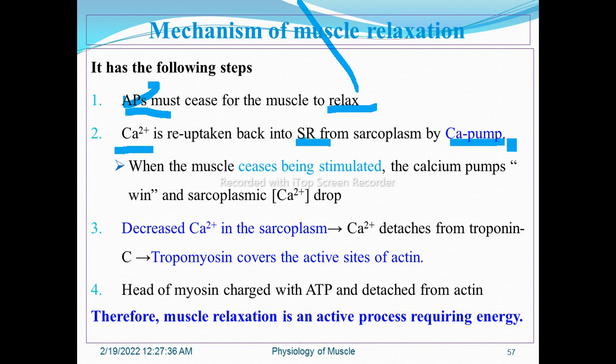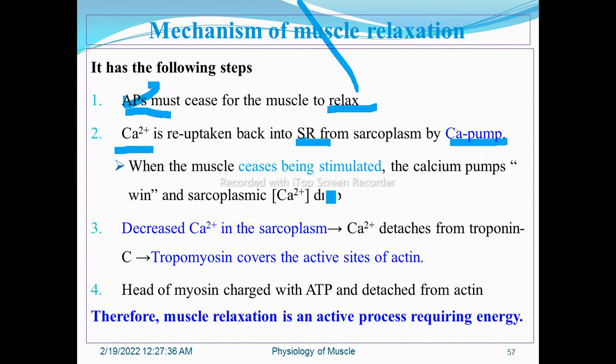As I told you before, to increase muscle contraction, calcium is released from the sarcoplasmic reticulum to the sarcoplasm, then binds to troponin C. Now calcium is separated from troponin C and moves from the sarcoplasm back into the sarcoplasmic reticulum, its original place, by the calcium pump.